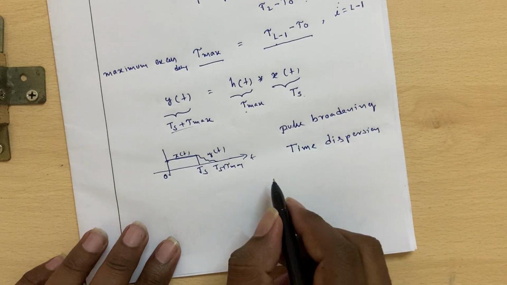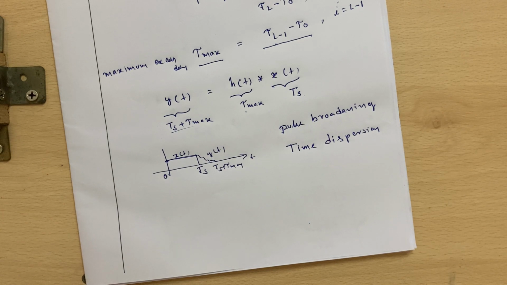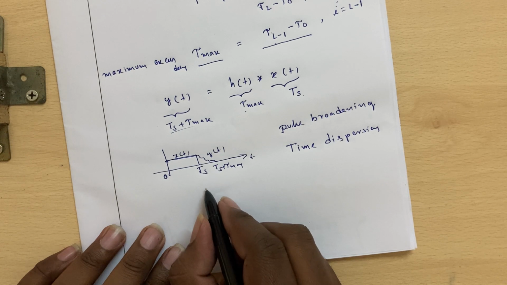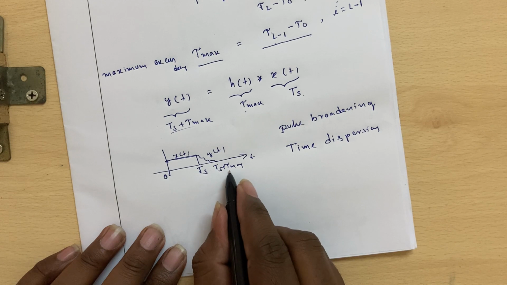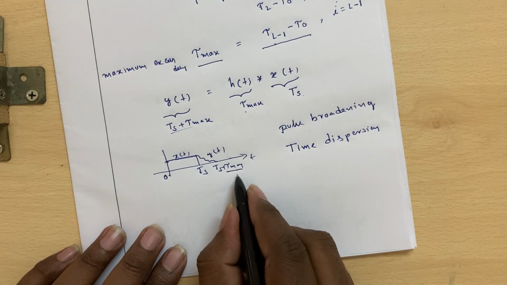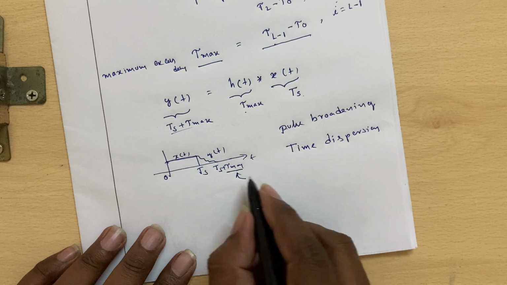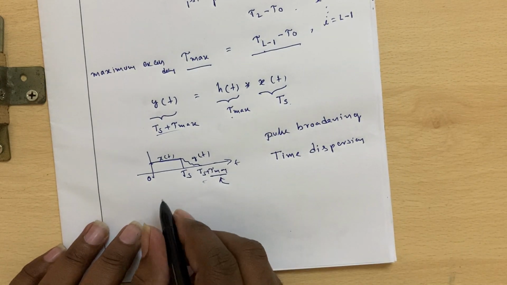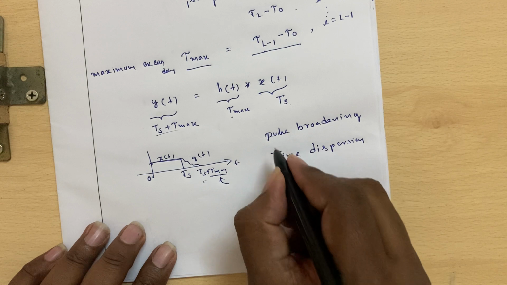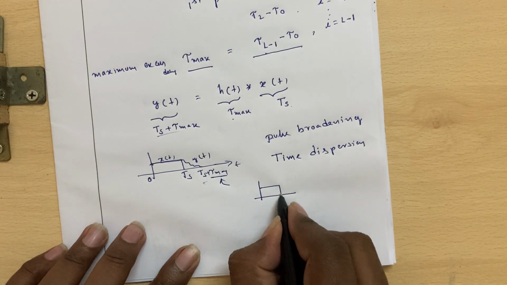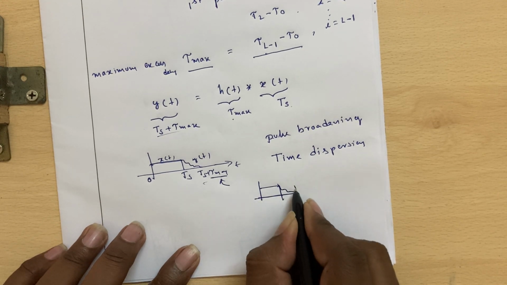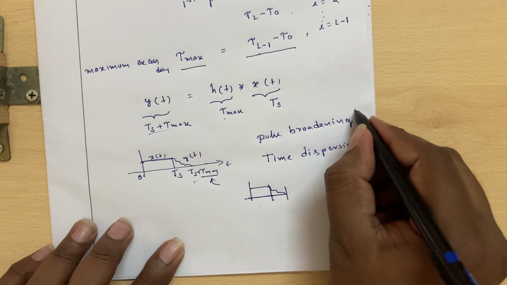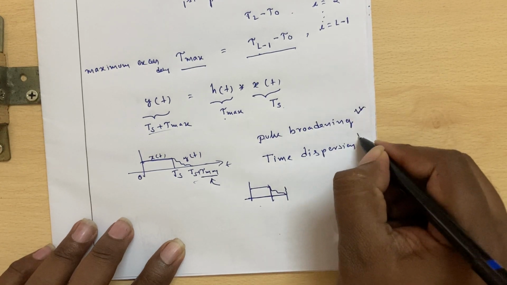Due to time dispersion, for a frequency selective channel, the received baseband pulse will be longer than Ts by the maximum excess delay. So if I transmit a pulse of duration Ts and it is received with a longer duration, this effect is called pulse broadening or time dispersion.